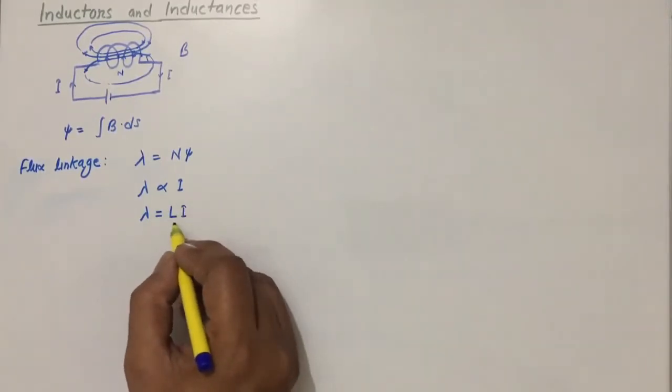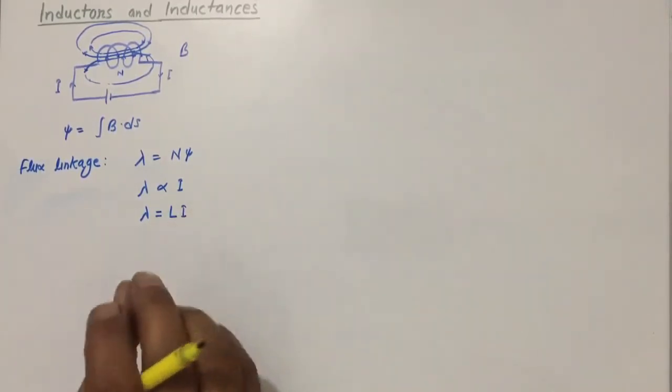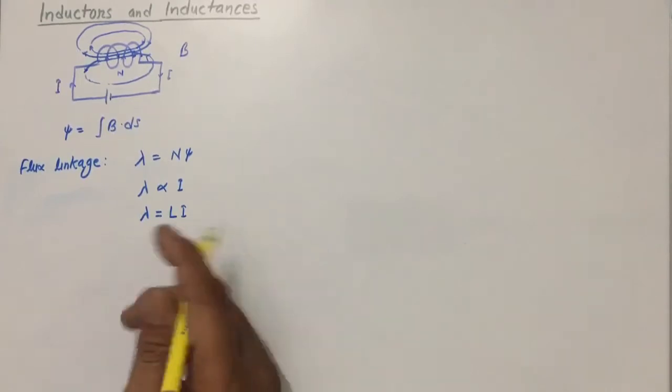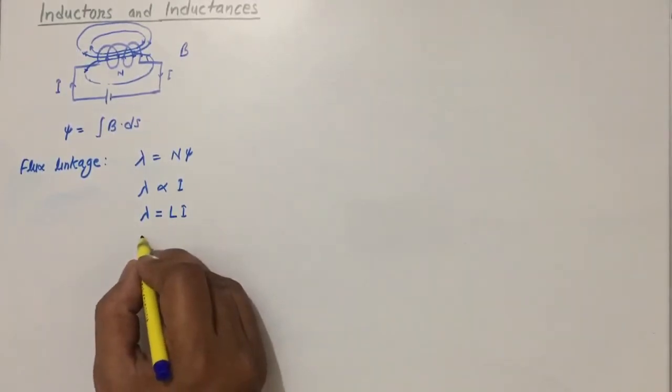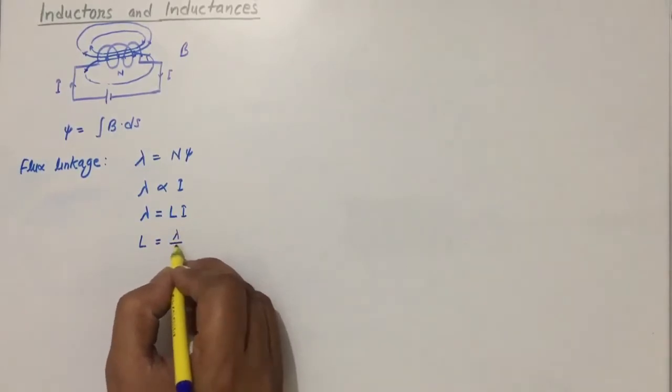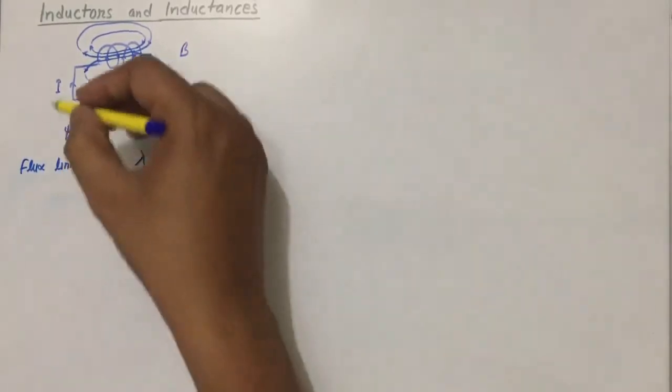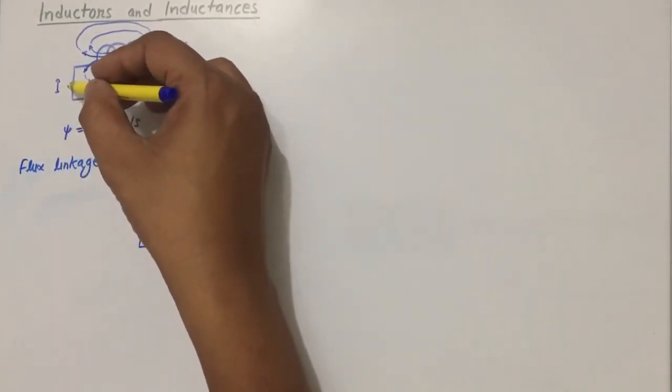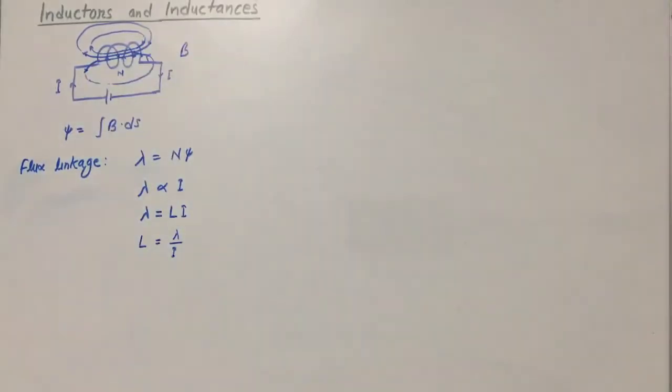This L is nothing but self-inductance. So from here L can be written as flux linkage divided by the cause of the flux, that is I.